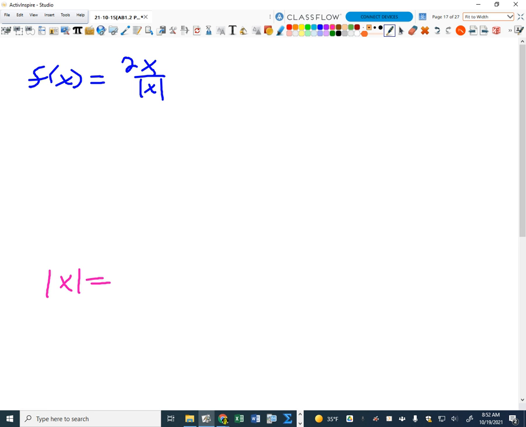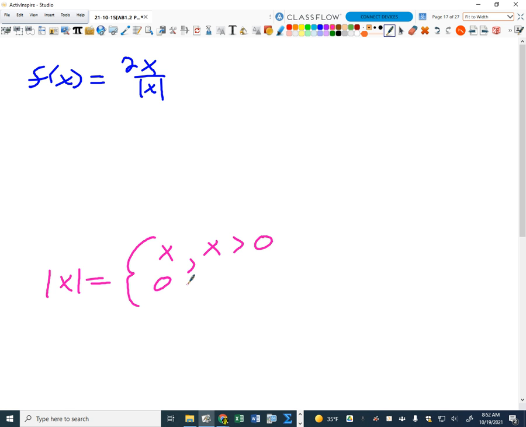A step function? Okay, step function is an example, yeah. Step function is an example of this kind of thing, a piecewise function, right? That's kind of what piecewise functions do. Piecewise functions allow us to describe different kinds of behaviors for different parts of the function. So the absolute value of x equals x when x is greater than 0, right?